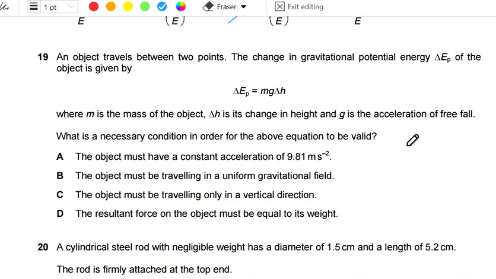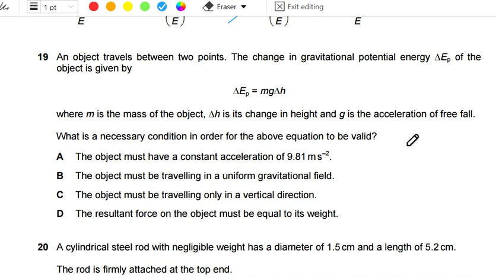Okay. As I said in a previous question, gravitational field constant or acceleration due to gravity need not be 9.81. This is only for Earth and near the surface of Earth.